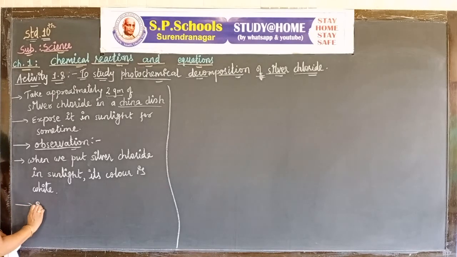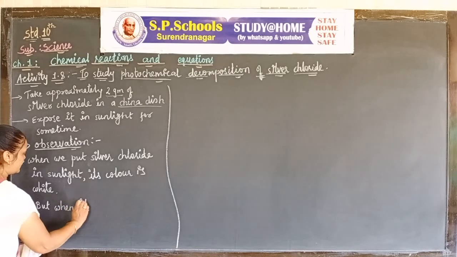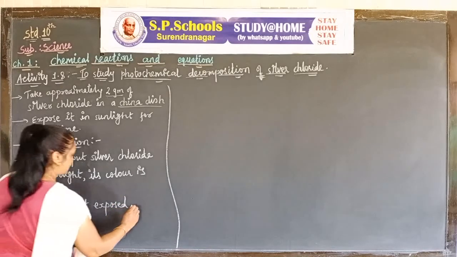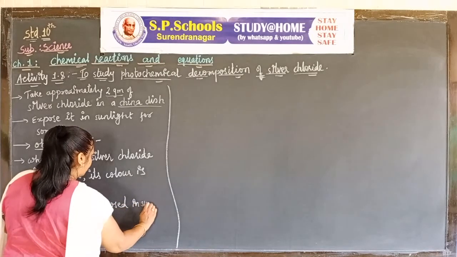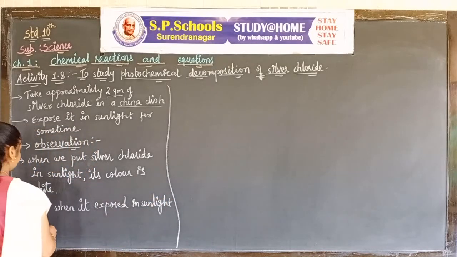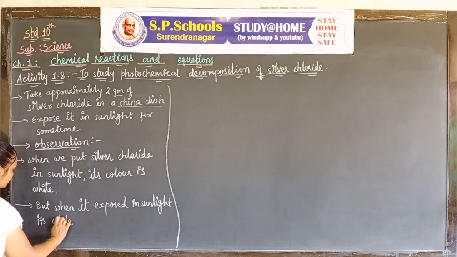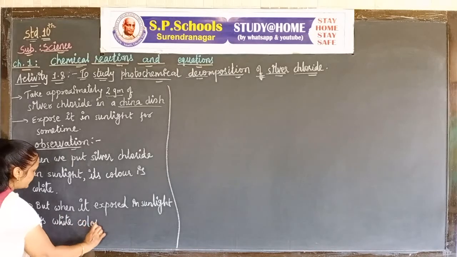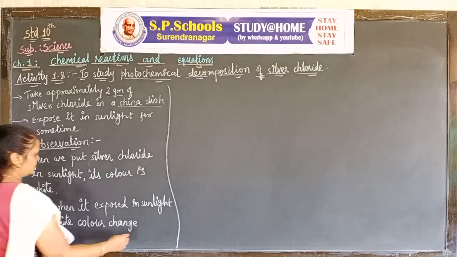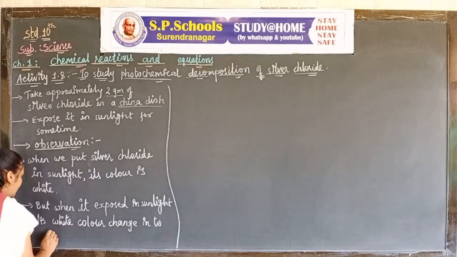But when it is exposed in sunlight, the white color changes into gray.